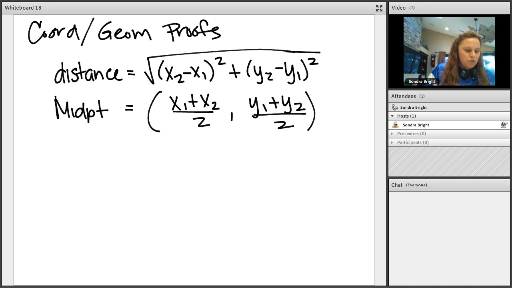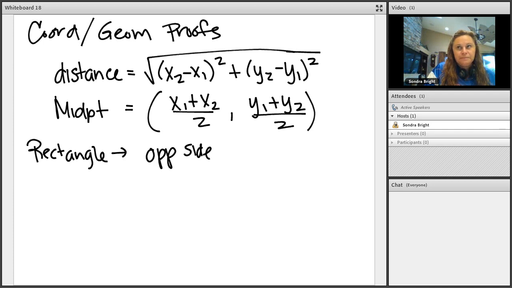Some things you should know are that a rectangle has opposite sides that are parallel, and opposite sides are congruent, and adjacent slopes are perpendicular.